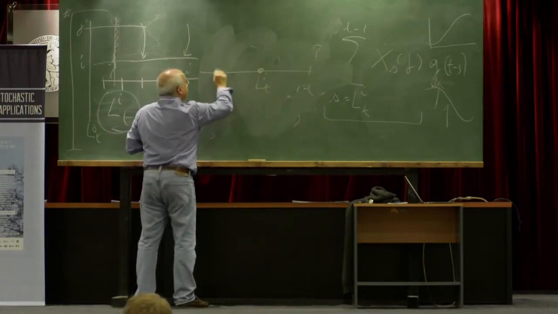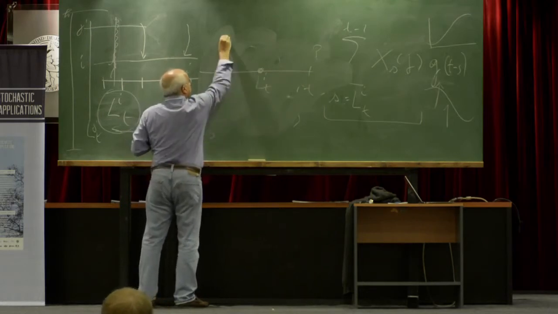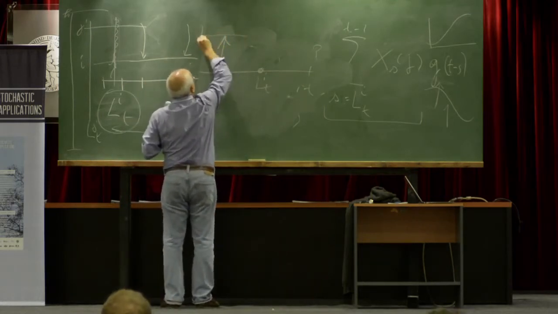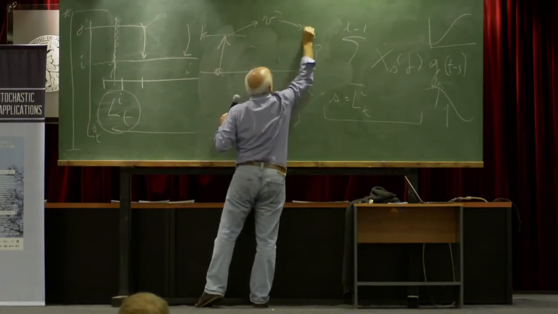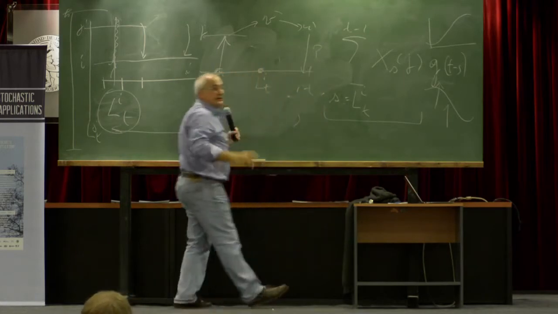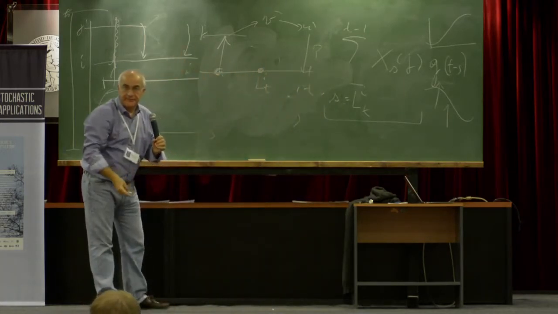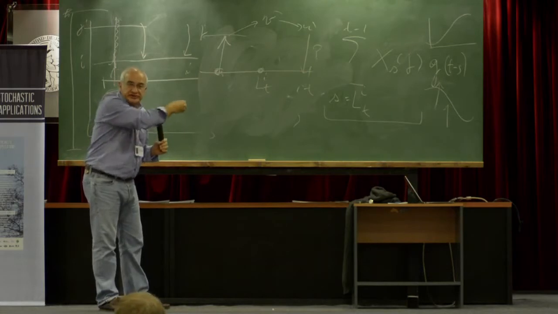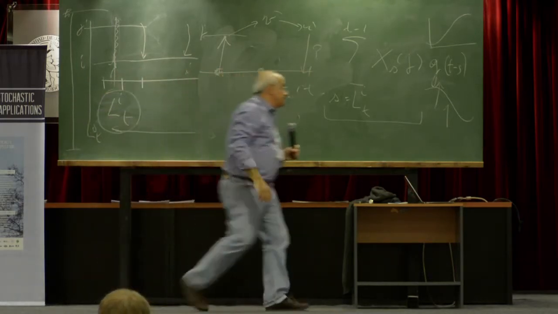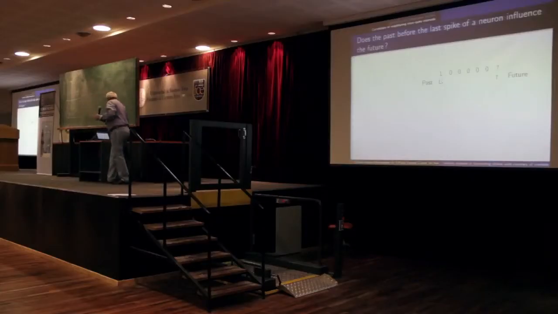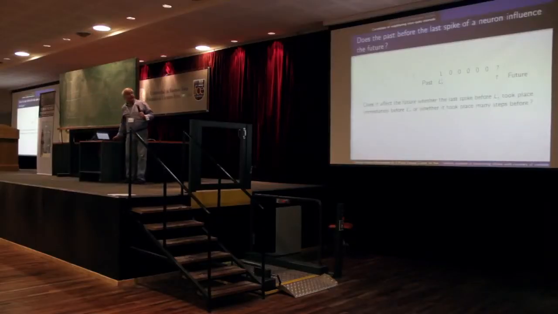But maybe sometime sooner, I influenced J, and J influenced V, and so on, U, and sometime later, this chain returns. So the question is, is this possible for this model using the Erdös-Rényi graph? And the result is the following. So that's my question. How long does it take until this influence returns to the starting neuron?